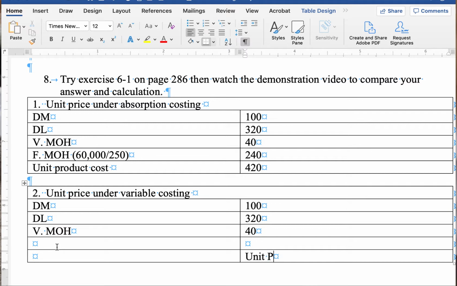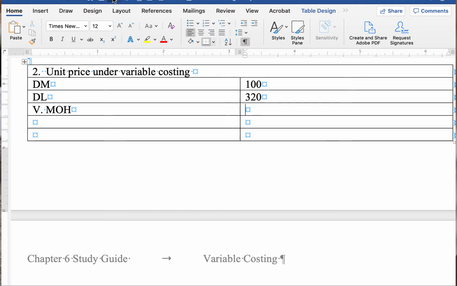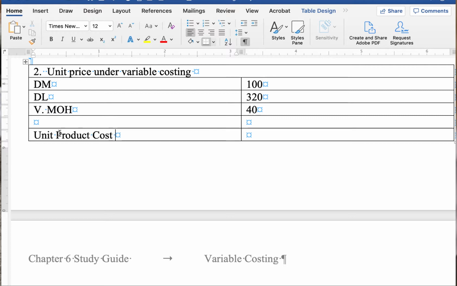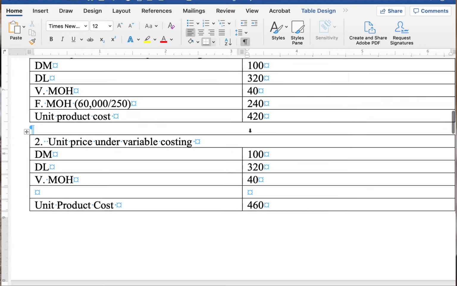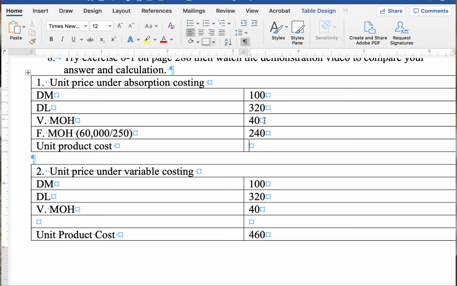So the unit product cost is $460. I miscalculated, I didn't add the right number.